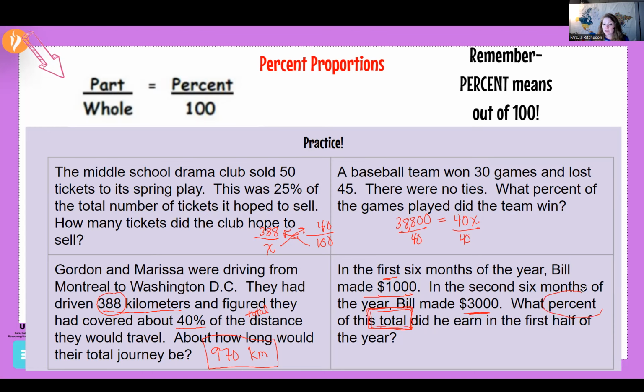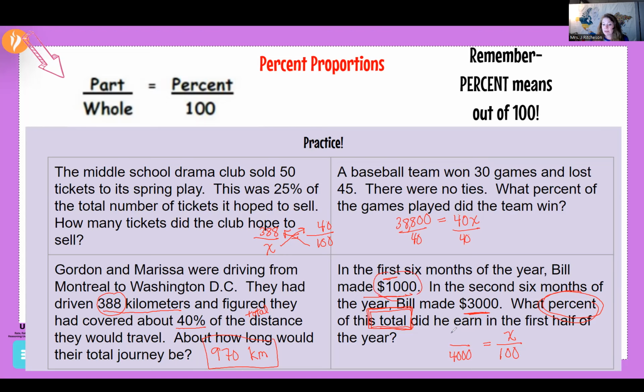This time again, we're finding percent. So that's our X. We don't know the percent, but we know percents go over 100. All right. So if he made $1,000 in the first 6 months and $3,000 in the second 6 months, how much did he make in total? $4,000.